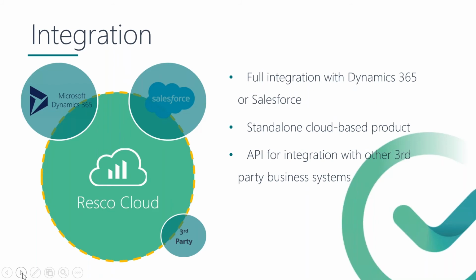The integration: we natively integrate with Dynamics 365 and Salesforce, but if you're running a different backend, we also have some APIs that will enable you to connect to it. Natively it's Dynamics and Salesforce. We also have our own CRM, which is called Resco Cloud.